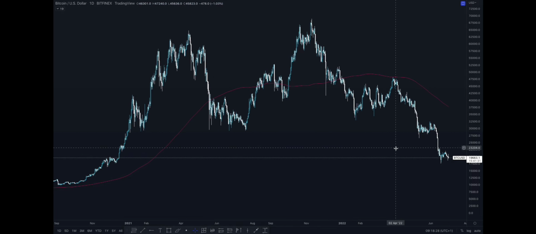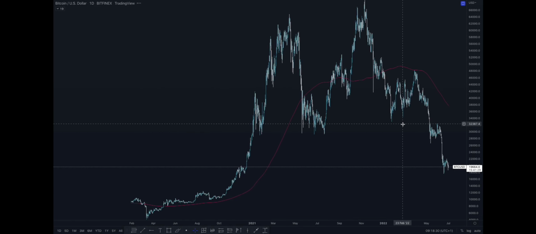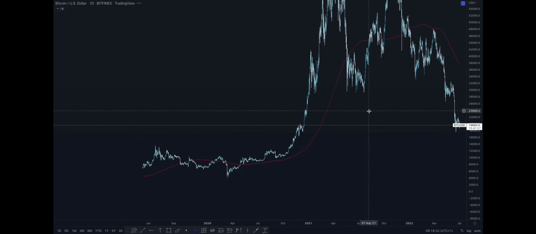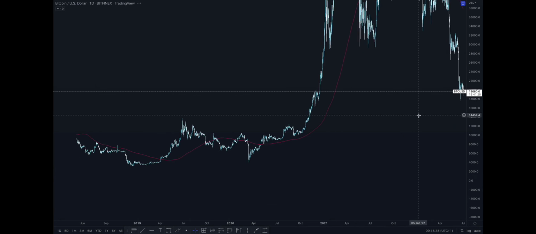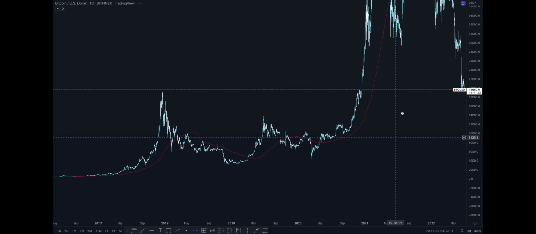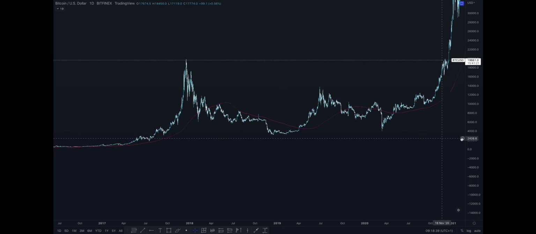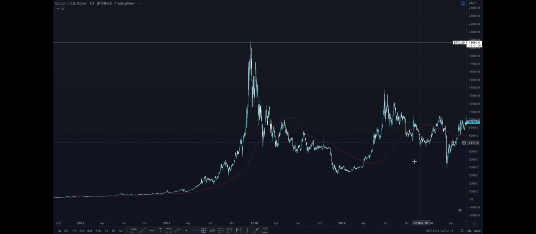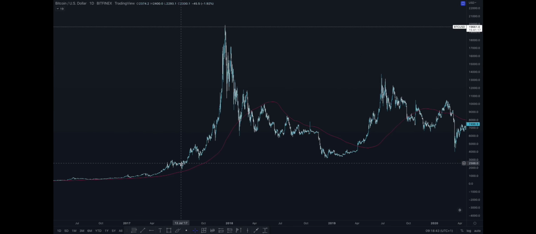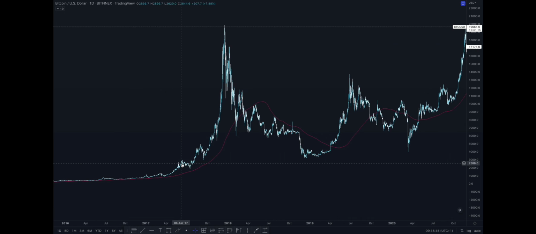For Bitcoin, a very common bull and bear measurement, or metric, is the 200-day moving average. If you go way back, people typically call this the dividing line between bull and bear.